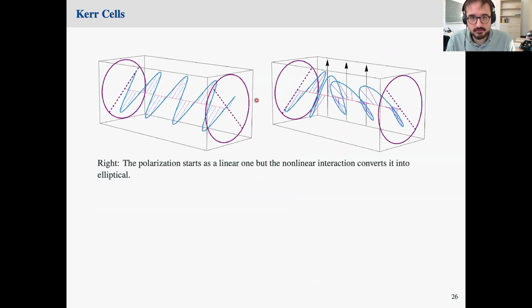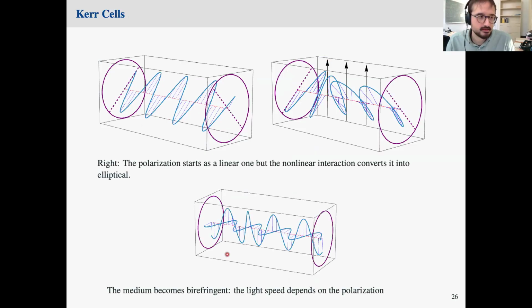And so again, here omega 1, which is (1,0,0), is the direction of propagation of the wave, and (0,0,1) is the strong wave. And the effect of this difference in the phase shifts is that the medium becomes birefringent. And so here, these are the waves analyzed. So you can see that in one direction, you move a bit faster than the other. This is the waves without the polarizers.